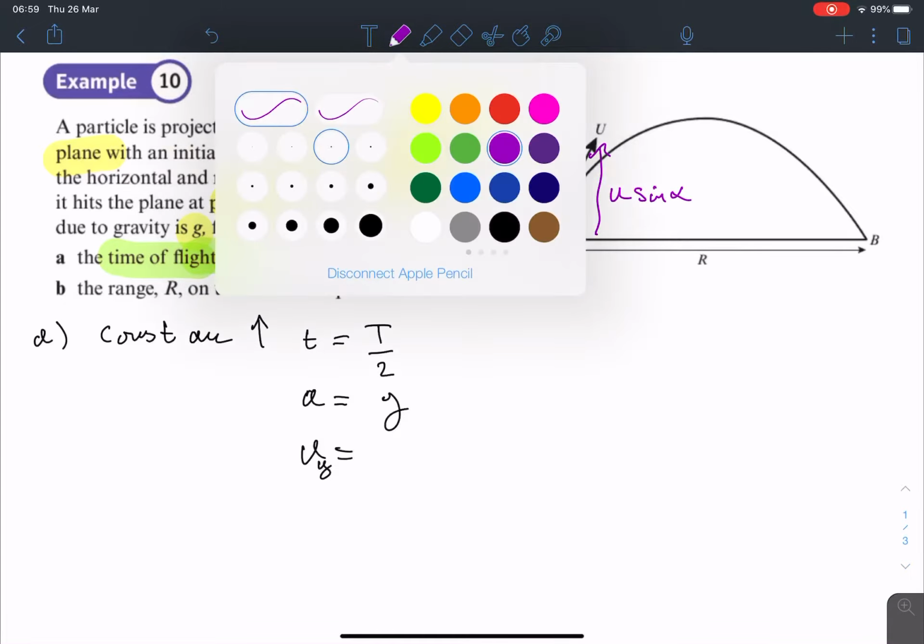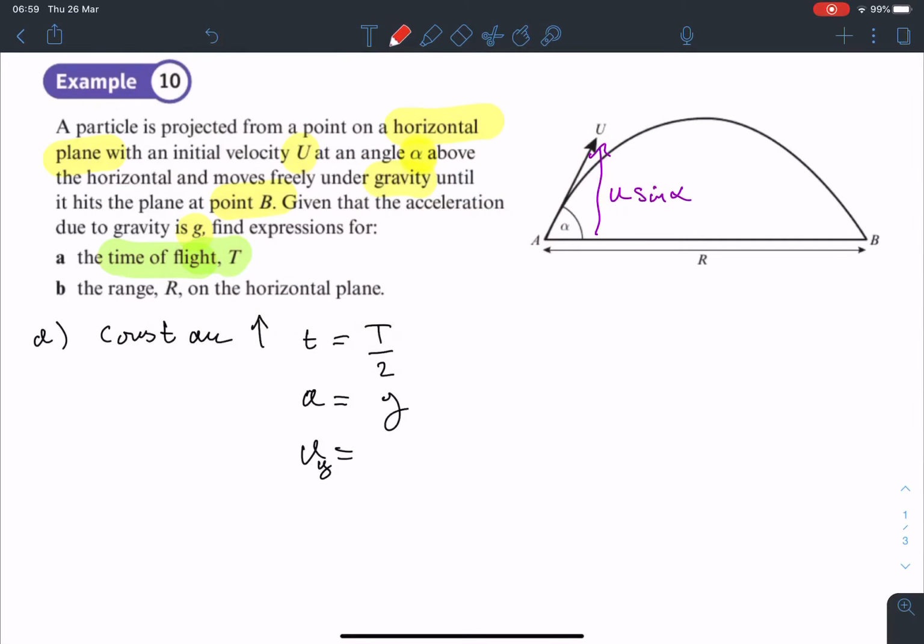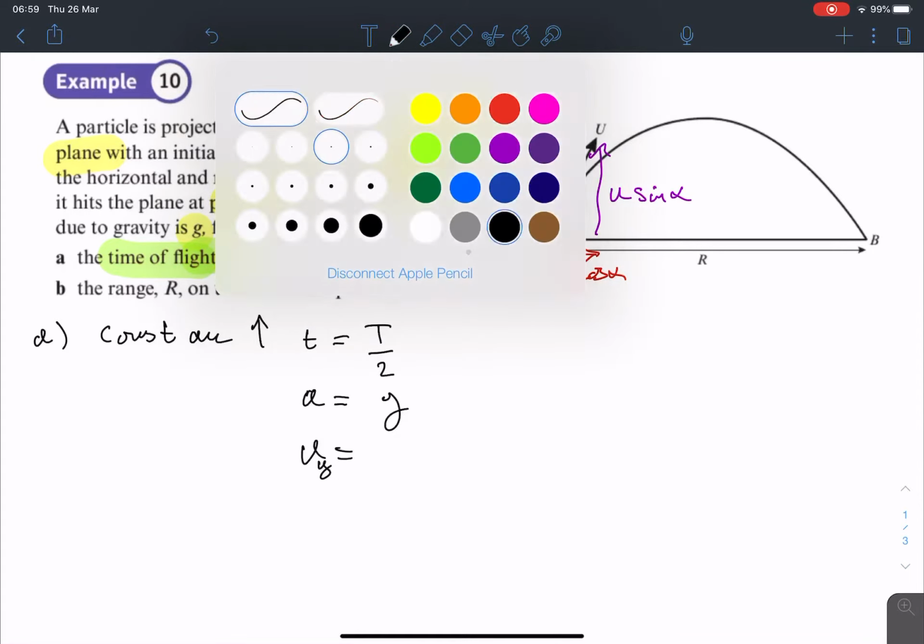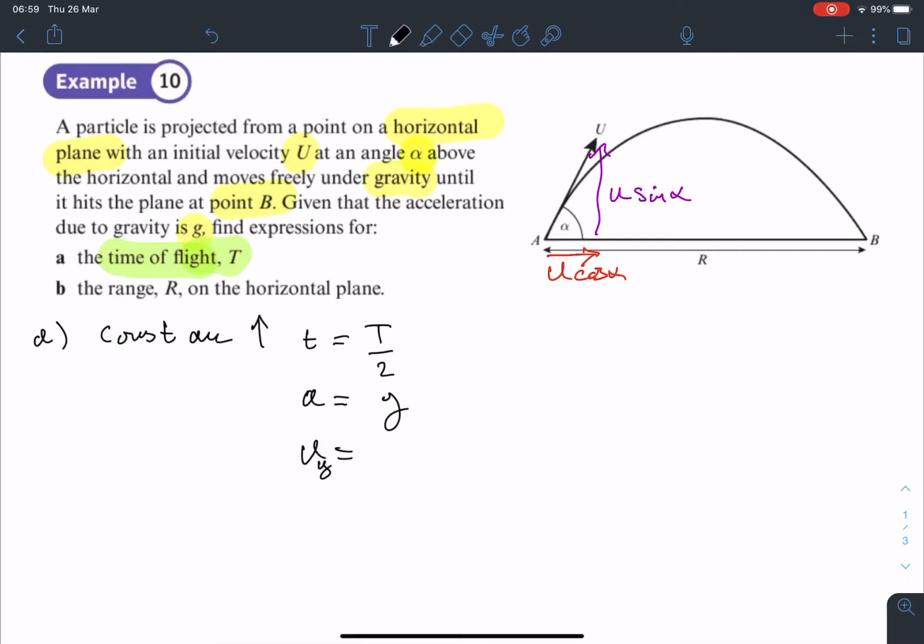And while we're doing the components, we can do the horizontal component, u adjacent to the angle, cos alpha. So we know vertical component is what we're doing. We're working vertically, u sine alpha, and we want the speed at the top, v, is equal to 0. Yeah, the vertical component of the speed is 0.